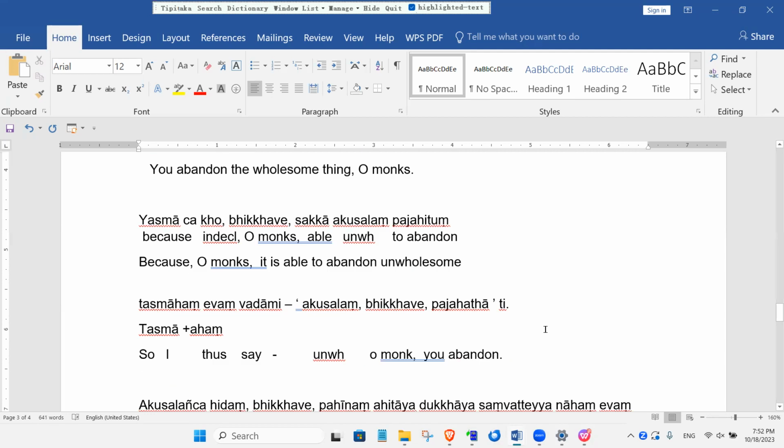So "tasma" means therefore. Therefore, I say thus: you abandon the unwholesome, O monks. Unwholesome: not wholesome, unwholesome. You abandon the unwholesome.